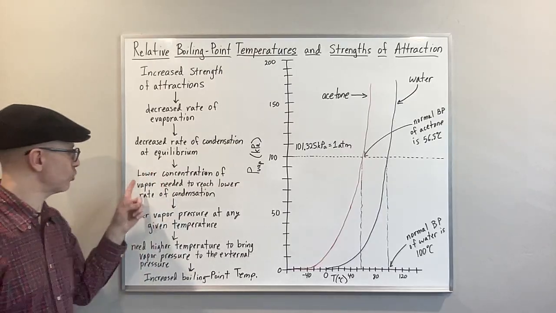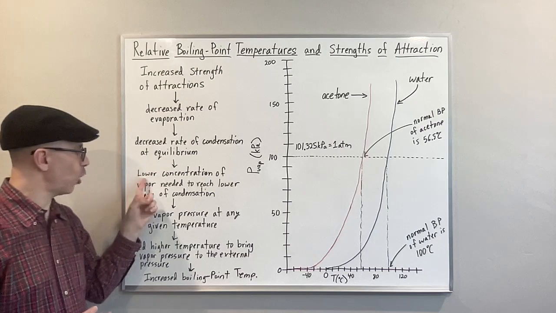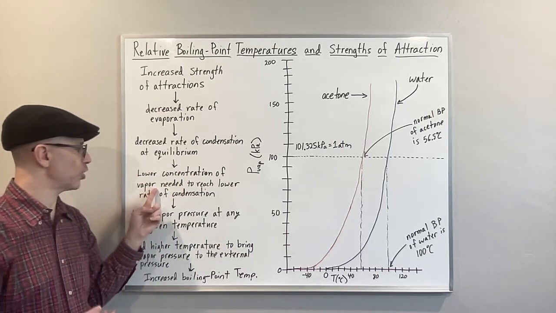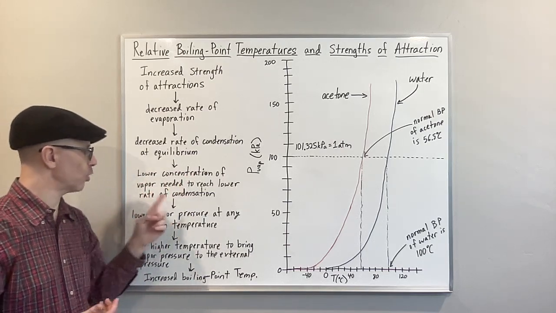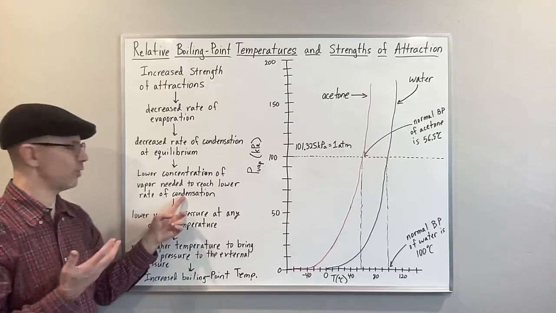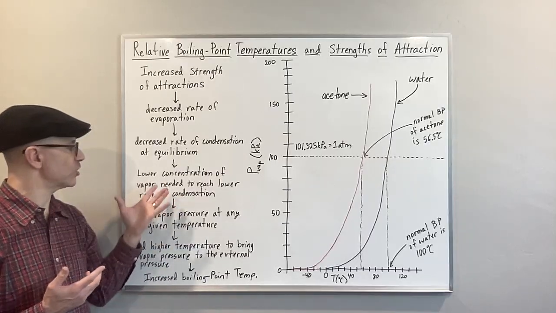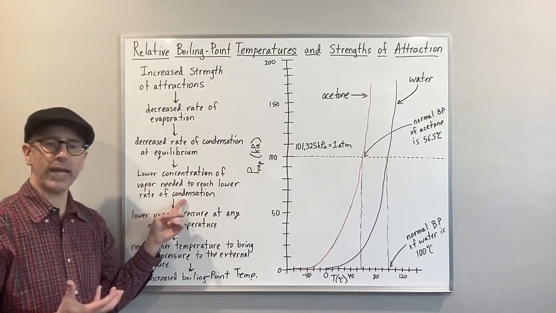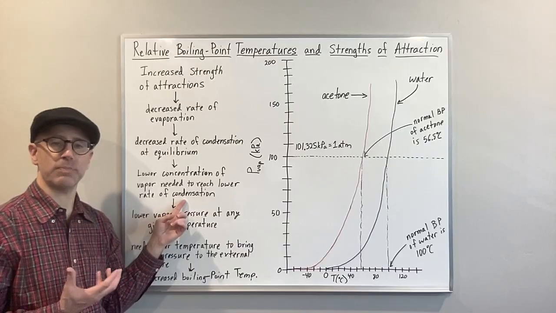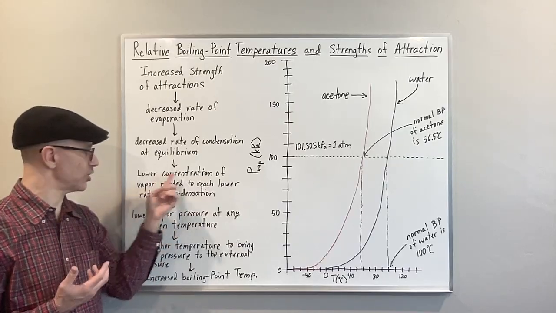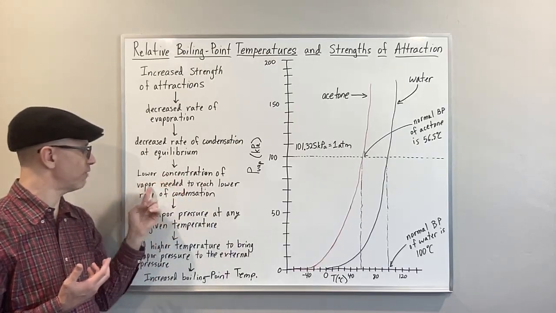Which then goes to the lowering of the concentration of vapor needed to reach a lower rate of condensation. So that's what I was talking about earlier, right? The rate of condensation is based upon the concentration of the vapor.